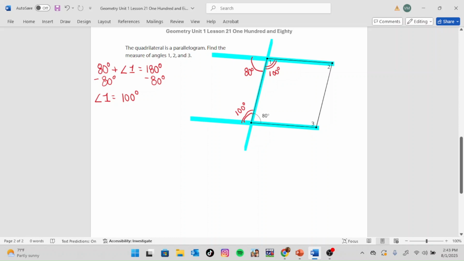Now, once we have figured that out, we can start looking at this on the other side.